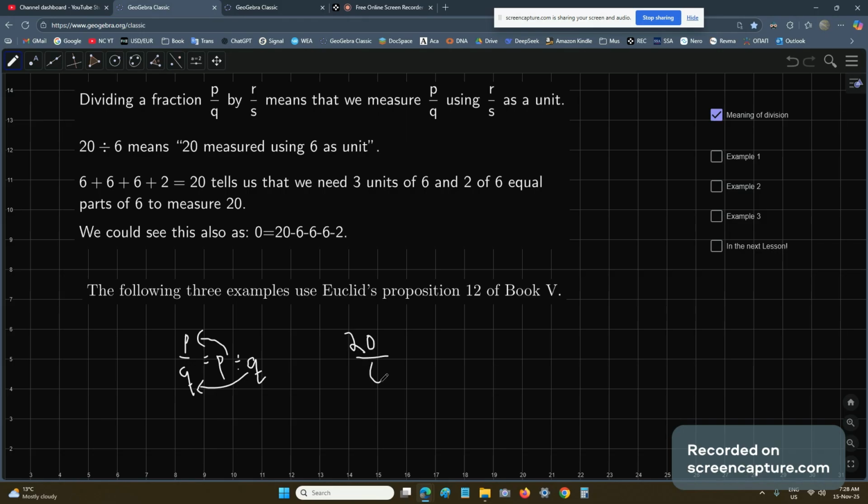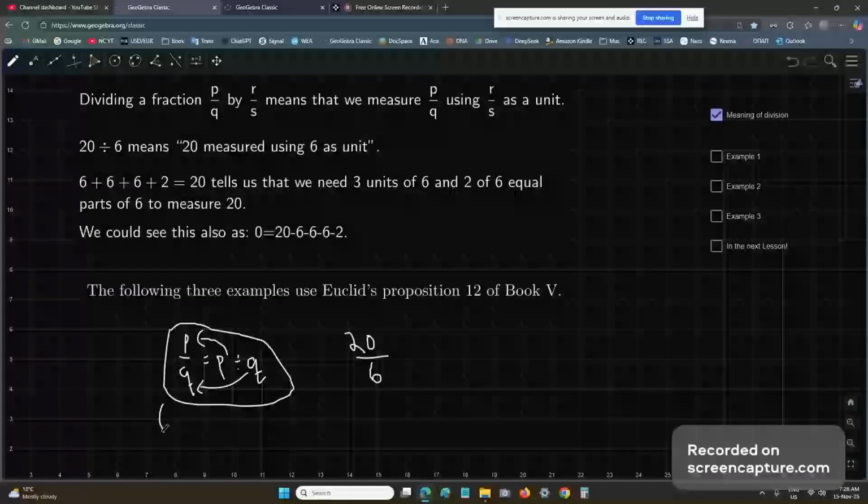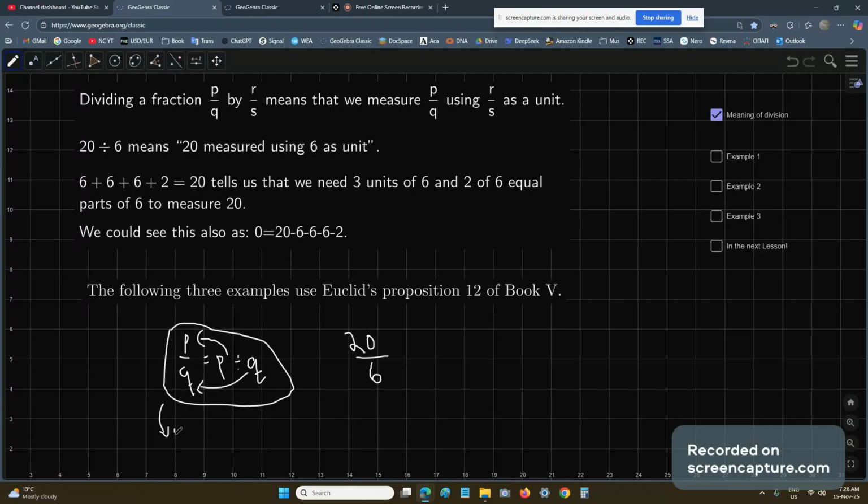Well, in this case, you're not really doing anything in terms of this definition, because this refers to ratios of magnitudes. Ratios of magnitudes. I'm not going to type that out, but ratios of magnitudes. And this here refers to numbers. So this is an algebraic measure using the abstract unit. So when you write down 20 over 6, you're thinking about a number and you're measuring it using 6 as a unit.